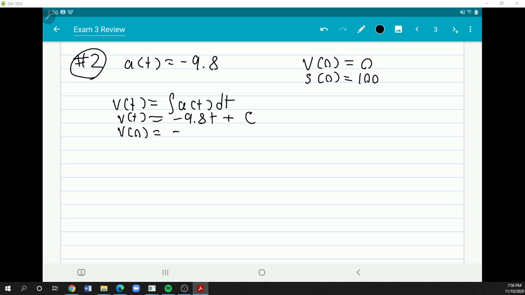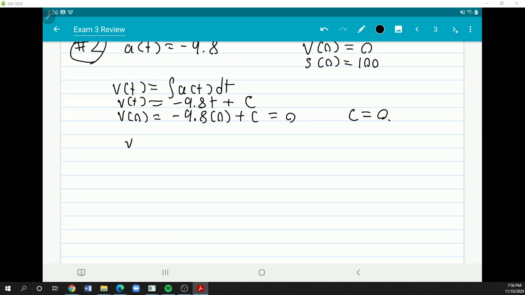V of 0 is equal to minus 9.8 times 0 plus c, which is also equal to 0. So this gives me that c is equal to 0. So v of t is equal to minus 9.8 t. That's my velocity function.